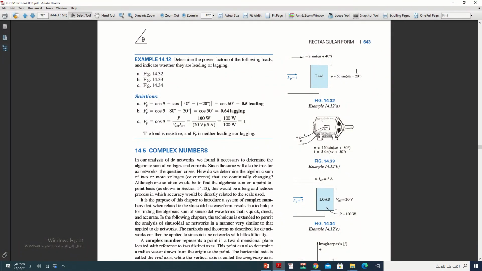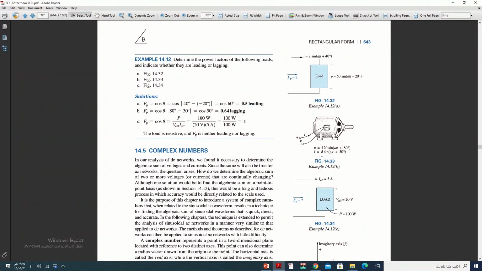How to find the difference between them? 40 minus 20 becomes 60, cosine 60 is 0.5. How to decide lead or lag? You will see whether the current leads or lags the voltage. The current starts from minus 40, the voltage starts from 20. This means the current leads the voltage. We will write leading.